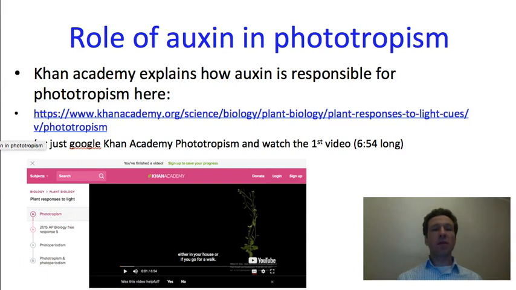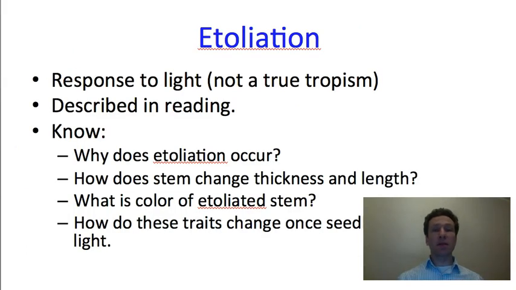So you just learned something about how auxin leads to differential cell elongation and how that can lead to stems bending towards light. Another thing that stems can do, especially on seedlings, is if they are growing in a dark environment, they can have various different responses that will help them survive and elongate in the hopes of finding light.